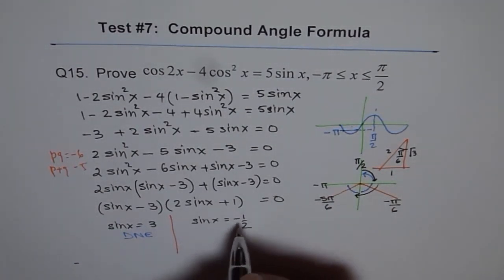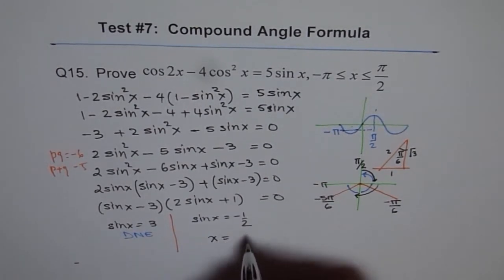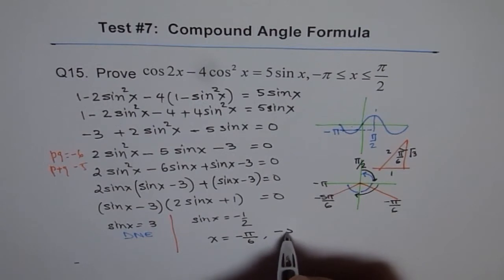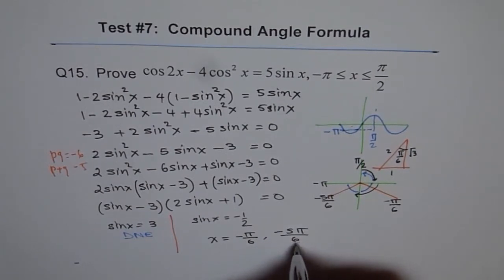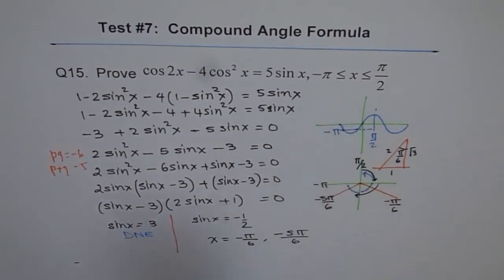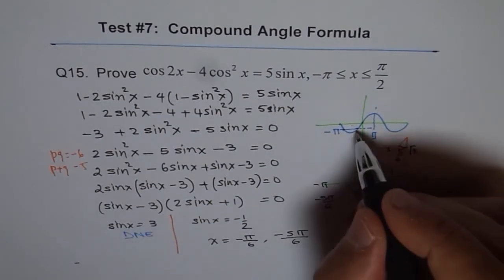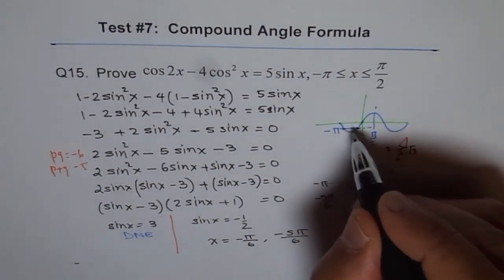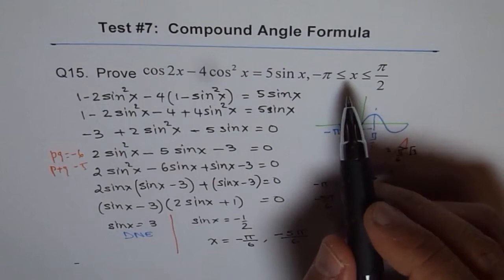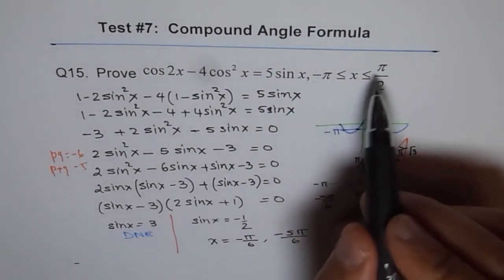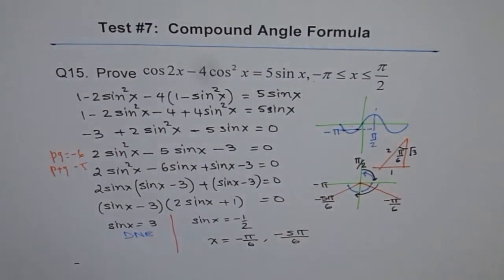So we get the solution as x equals minus pi by 6 or minus 5 pi by 6. In this question, the domain is kind of critical. These two are your solution sets, since the domain is from minus pi to pi by 2. Okay? Thank you.